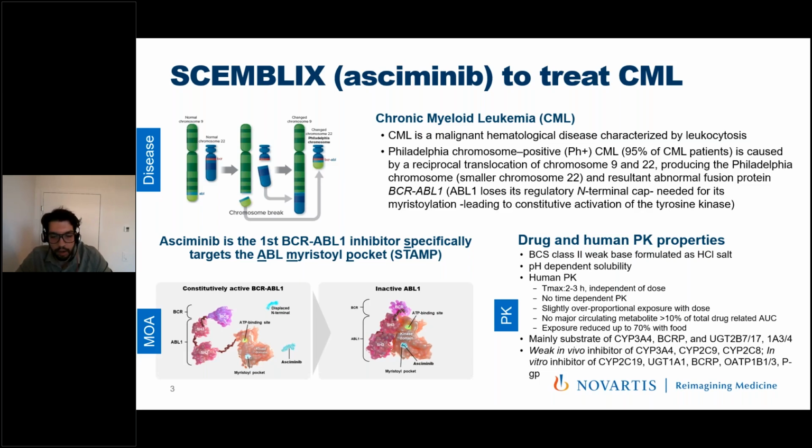The main elimination pathways, which we'll look into in more detail, are CYP3A4, BCRP, and different UGTs, including UGT2B7, UGT2B17, UGT1A3, and 1A4. It is an inhibitor of CYP2C9, CYP2C8, CYP3A4, and PGP. Also, a significant reduction of the drug exposure has been observed in the presence of food.